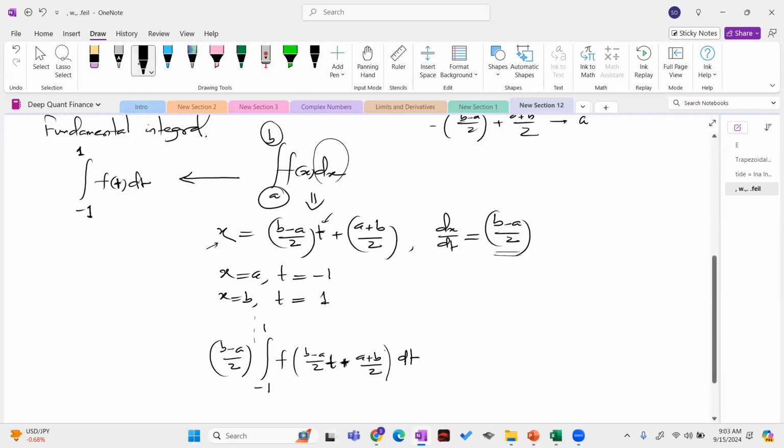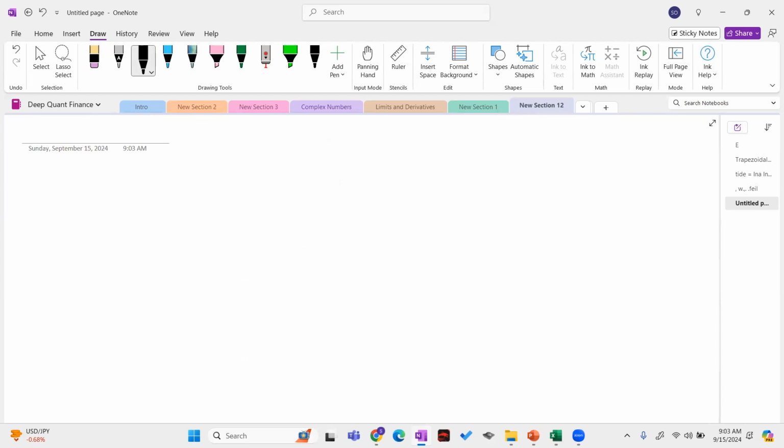Okay. So look at this part. There is a constant multiplied outside, which is no big deal. We can always multiply. So now that we know this, we'll only focus on this one. How do we evaluate this integral as efficiently as possible? Okay. So here is our integral, -1 to 1.